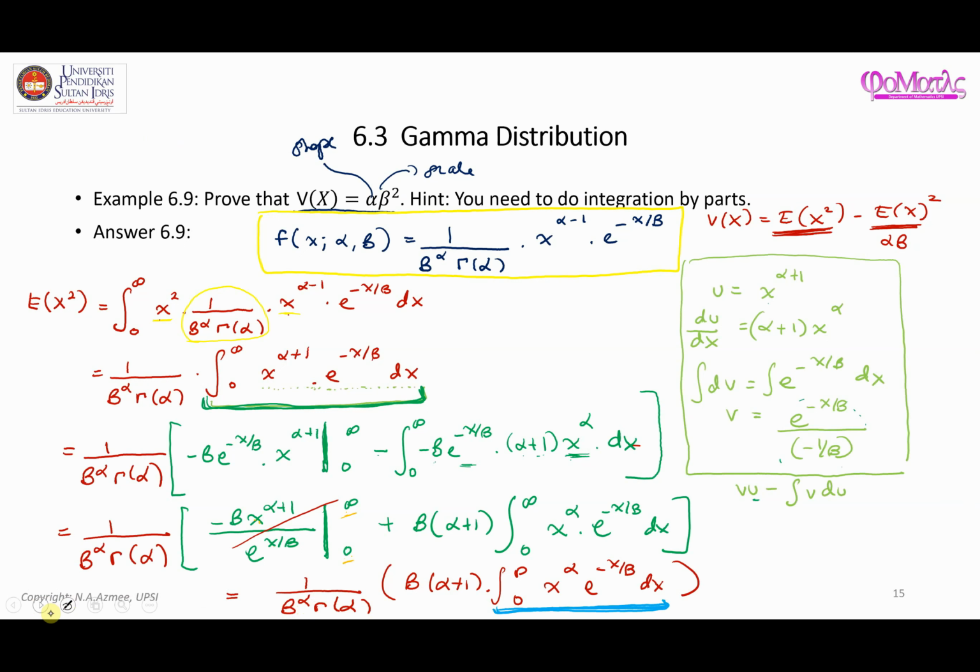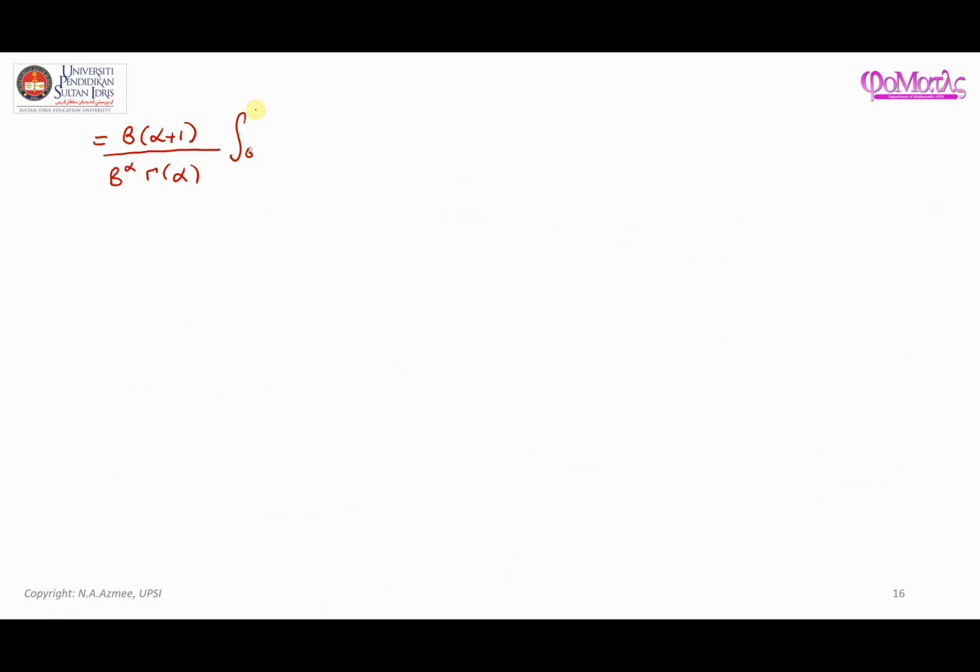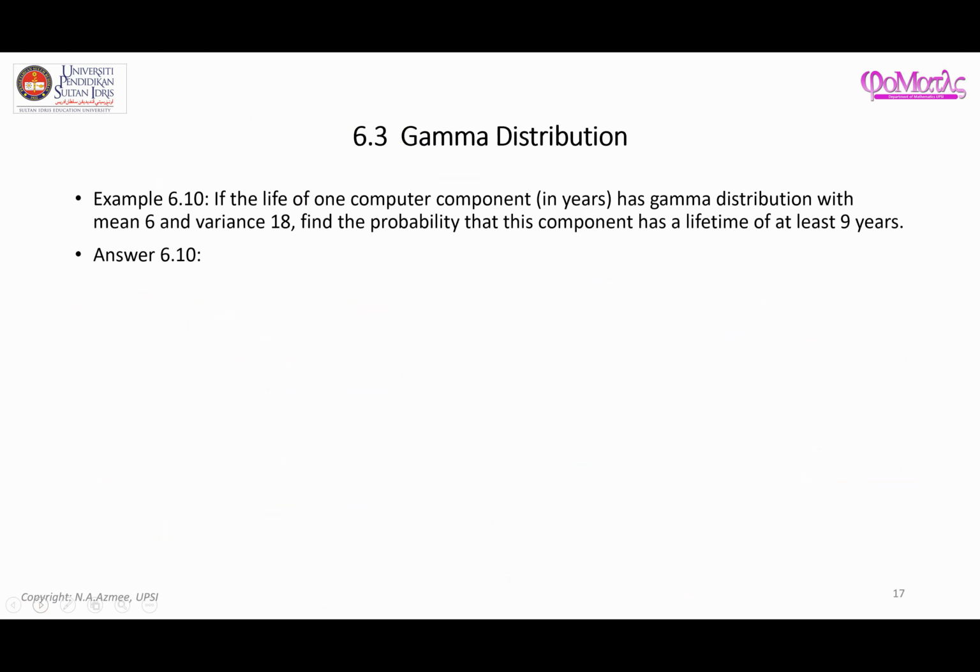And next, this is what we're going to integrate. Let me just write down the function first. We have the integral from 0 to infinity of x^alpha e^(-x/beta) dx. Yeah, that's what we have.